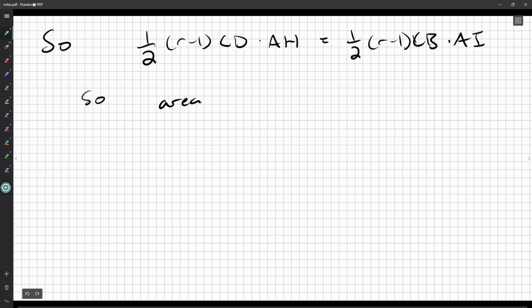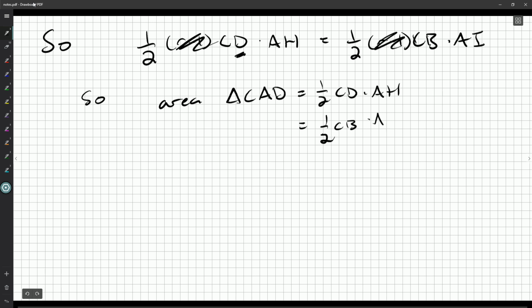So the area of triangle CAD is 1/2 CD times AH, which, just dividing through the R minus 1s, is 1/2 CB times AI. But this is the area of CAB. Okay. So what has that managed to do?